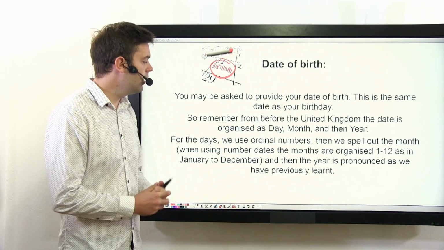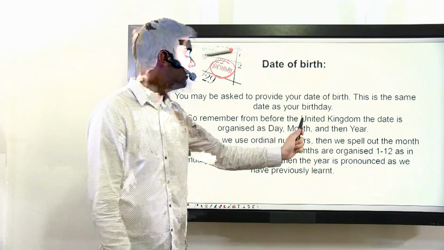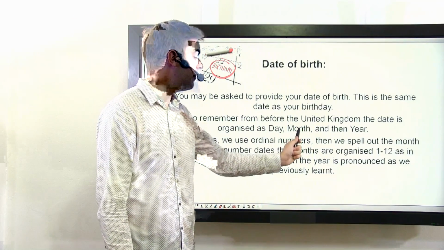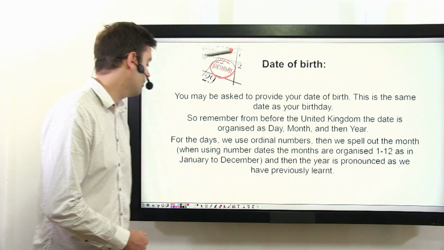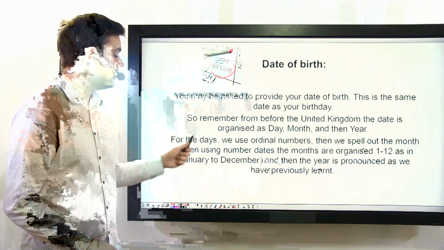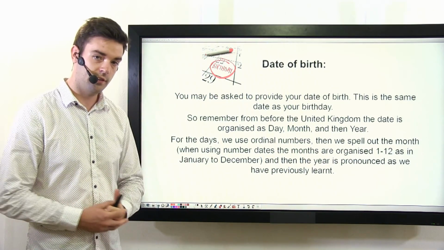The first is the day, second is the month, ordinal numbers, and then we spell out the month, as in January to December, and then the year is pronounced as we have previously learned. Let's recap the months.